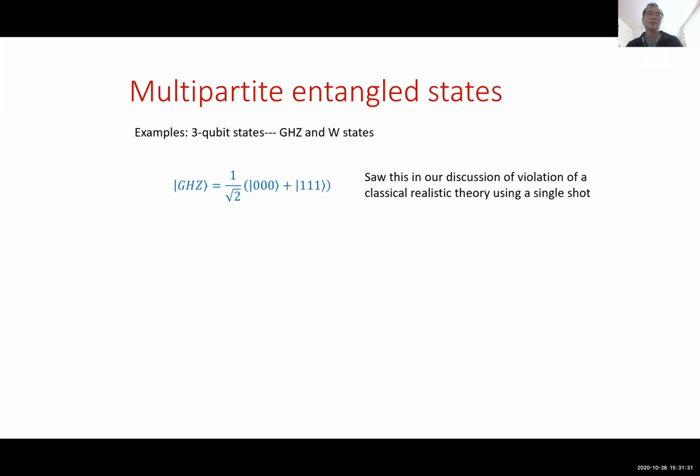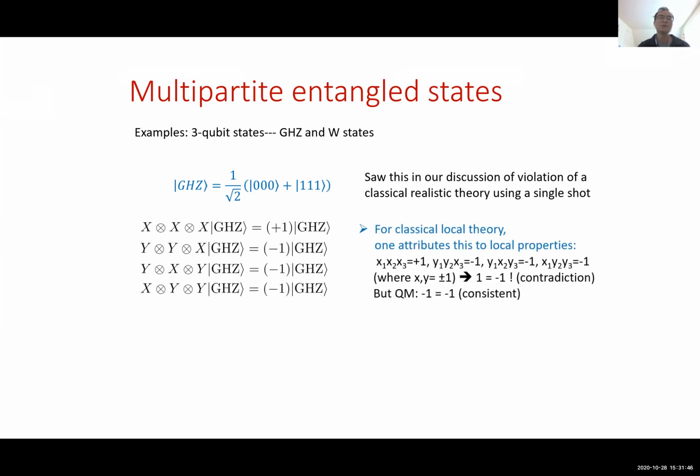So the example of a multipartite entangled state, the GHZ state, we saw this in the violation of classical realistic theory. I hope you remember that. But if not, let me just remind you. They satisfy this sort of stabilizer condition, except that this is a minus sign, right?